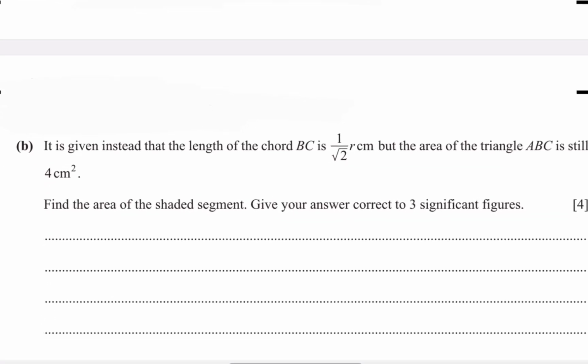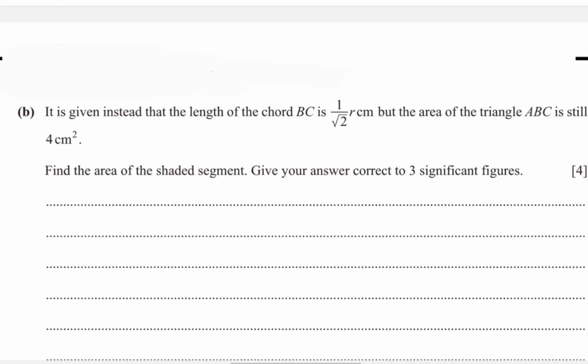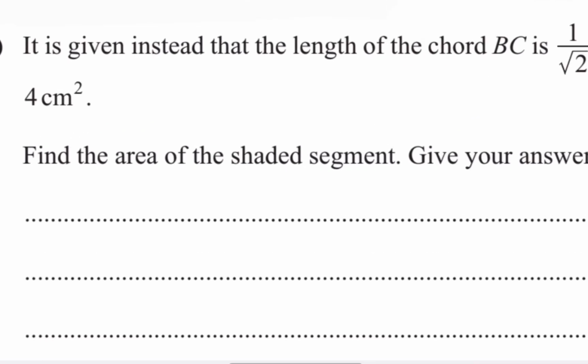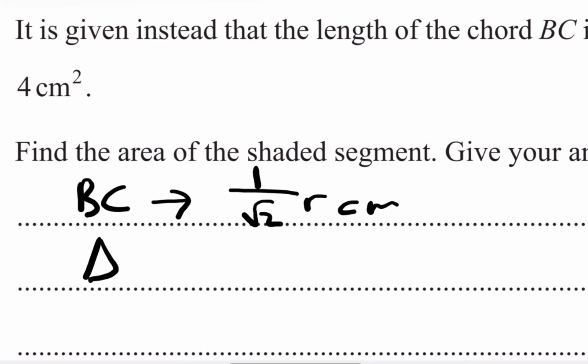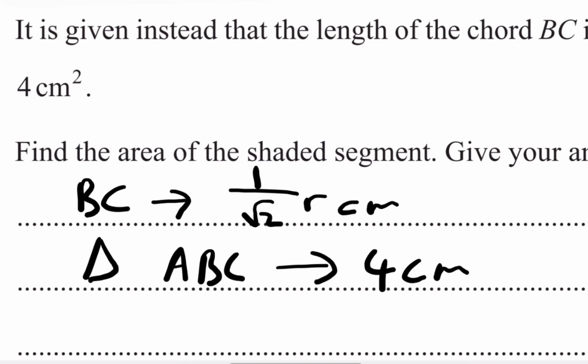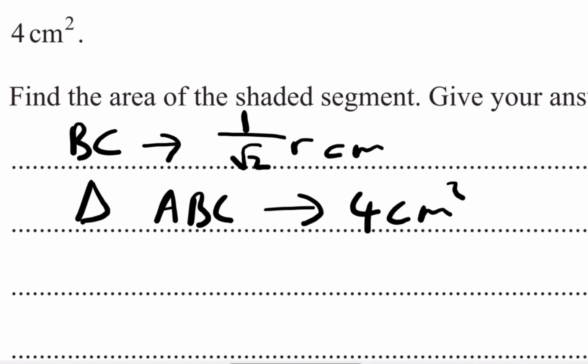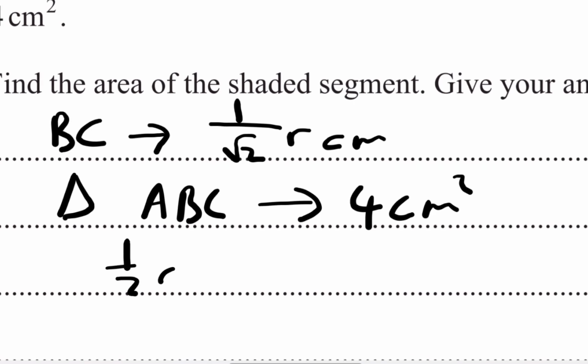but maybe with different values, because we're told BC is now 1 over root 2r, but the area of triangle ABC is still 4 square centimeters. So our half AB sine theta is still equal to 4.